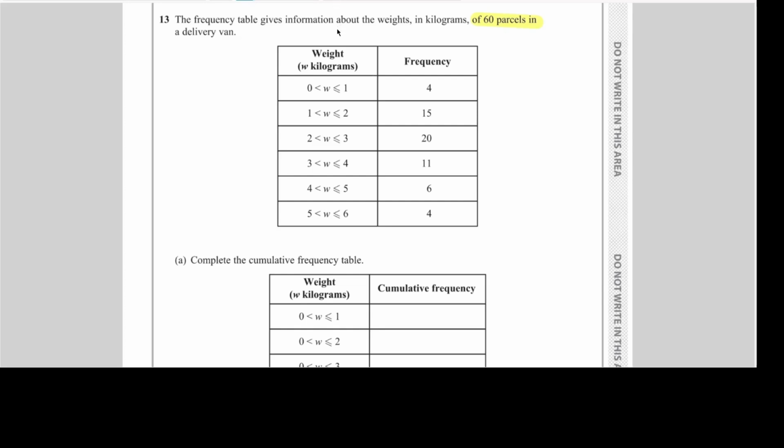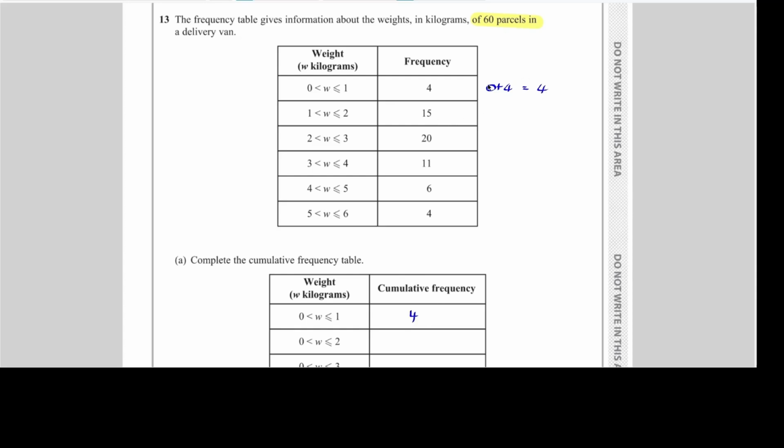Let's say that you need to get the cumulative frequency for this one. The previous frequency for this one is 0, there is nothing previous, so 0 plus 4 is 4. To get the next cumulative frequency, I need to add this 4 to the next frequency.